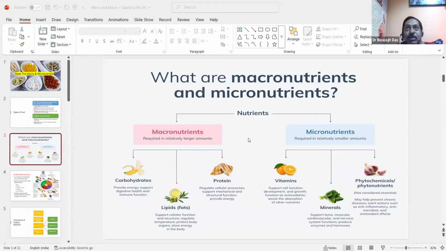Basically, nutrition, in the Ayurvedic sense, anybody can say it is a part of prana.